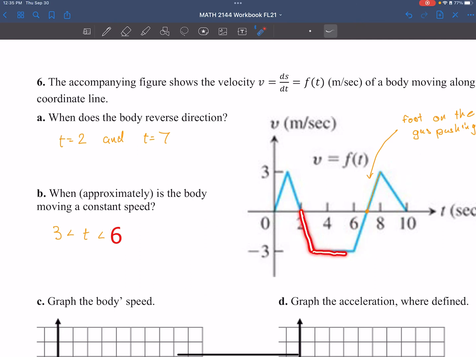This is basically where you put on cruise control in reverse. I don't know if cruise control even works in reverse. Never tried it. Not that great of a driver. But this is the moment that it was put into cruise control, assuming your cruise control works in reverse. So you do include equality there.